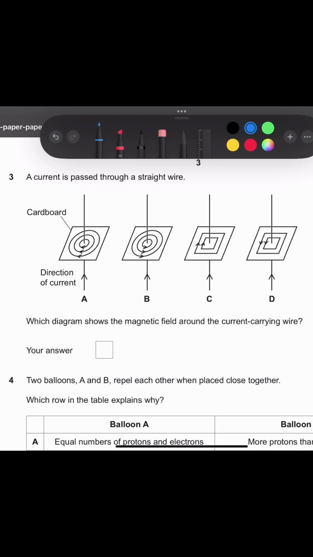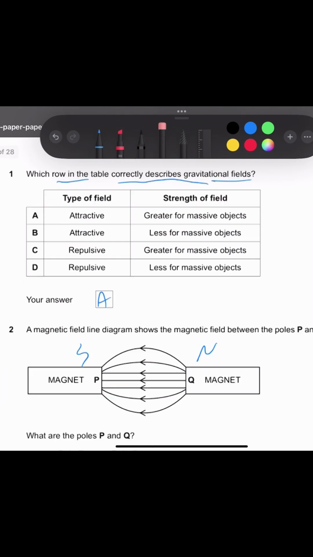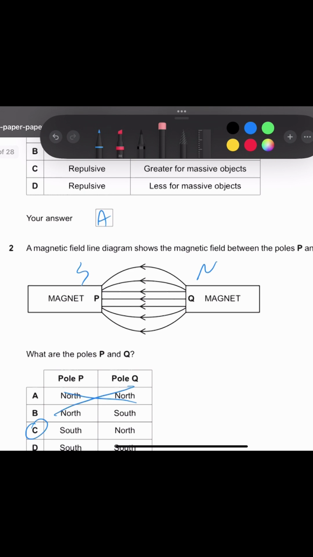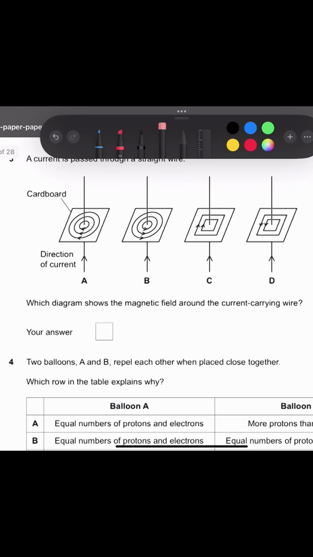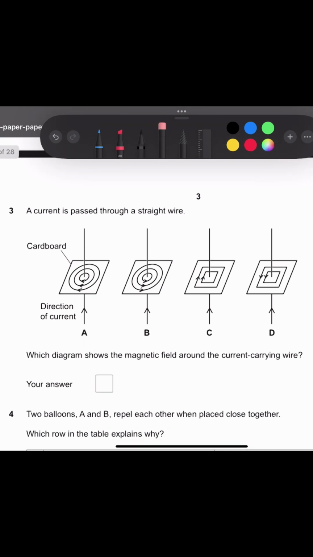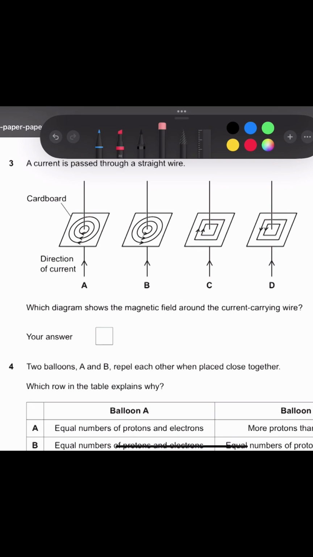Okay, a current is passing through a straight wire.